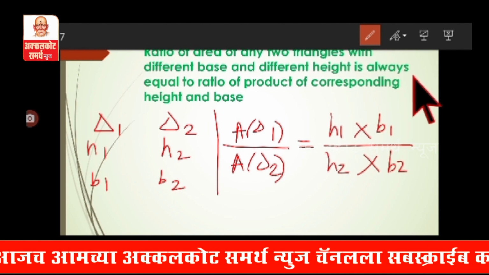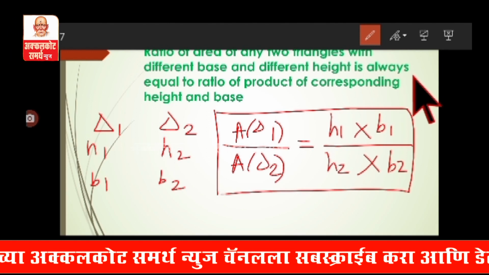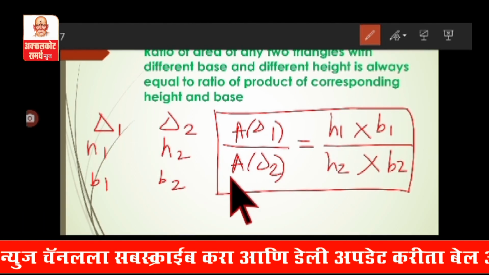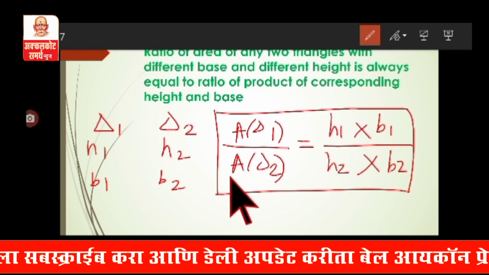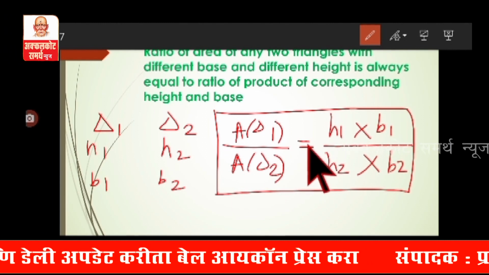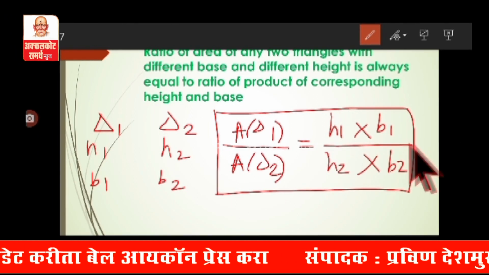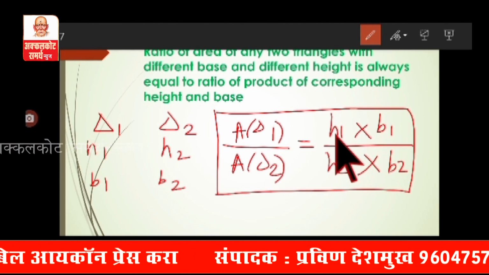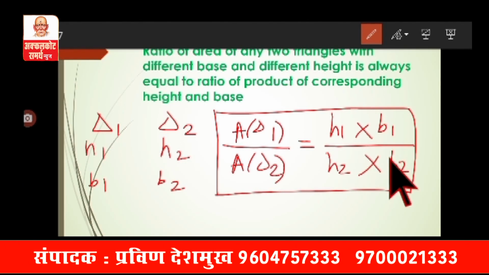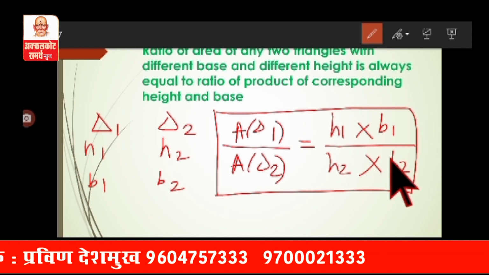Okay, so remember, this is the first property. If you want to take the ratio of areas of any two triangles which have different base and different height, then it is always equal to ratio of product of their corresponding heights and bases. So this is your first property here.